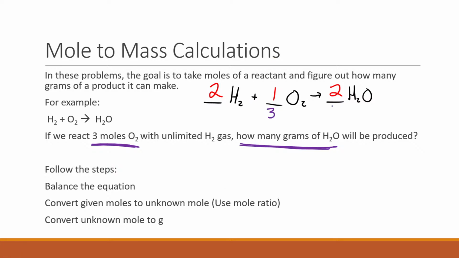And we want to know how many grams of water will be produced. When we use our mole ratio, right, when we look at these two fractions and we try to complete them, we're going to get 6 for this question mark here. Is that the answer to our question? Is our answer 6 grams of water?